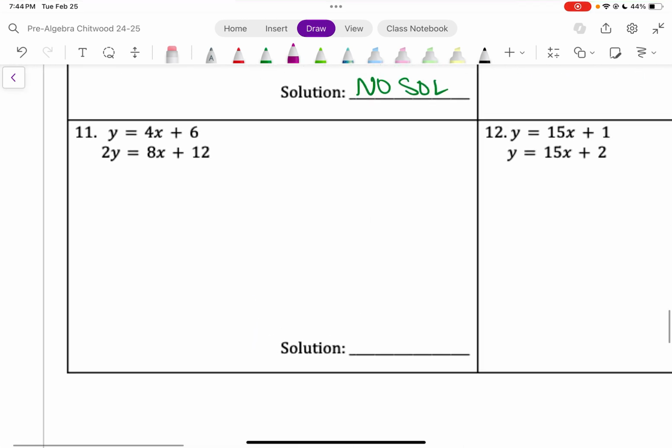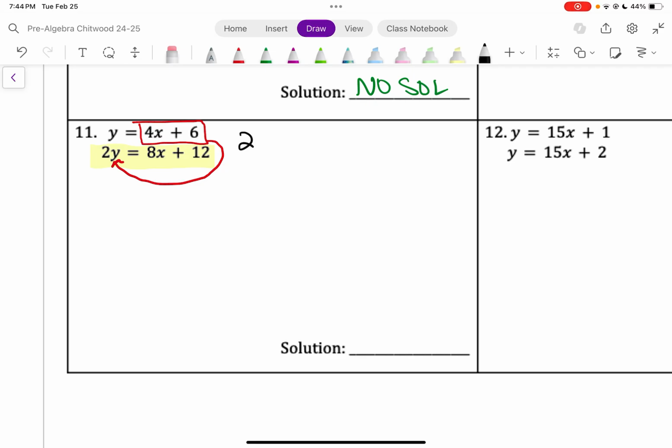Or no. All right, so we are given something. I have y equals 4x plus 6. Since I was given a variable, that is when I'm going to use substitution and plug it into the other equation in the same variable. So this is the equation I want to rewrite.